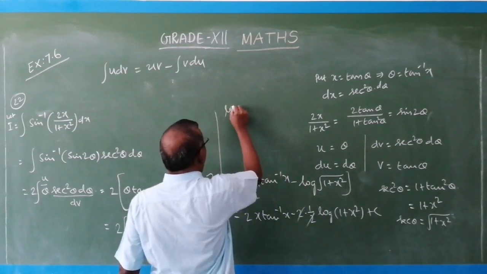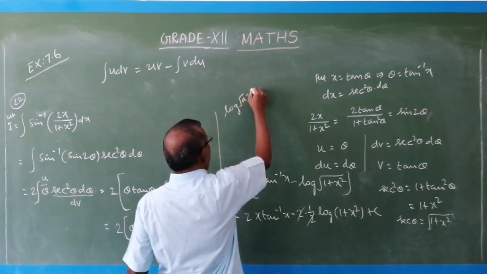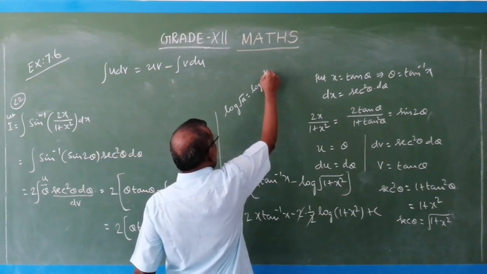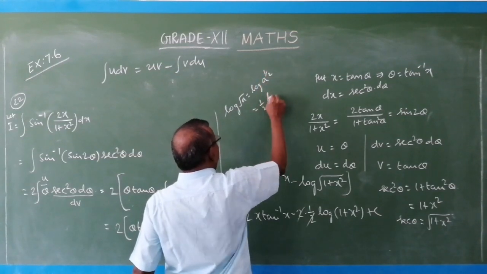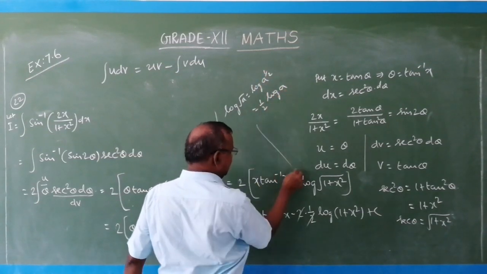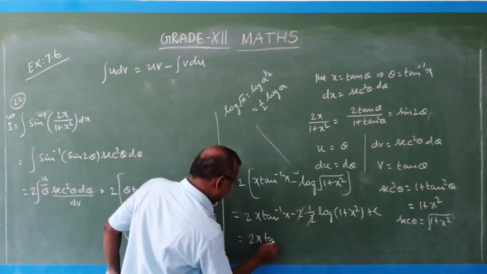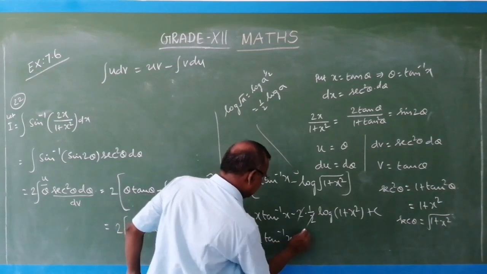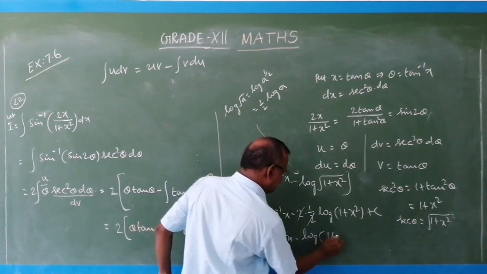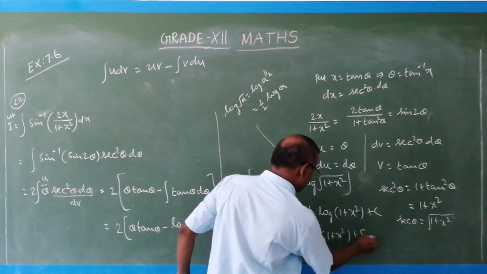Log root a means log a power 1 by 2, which is equal to 1 by 2 into log a. Accordingly, I have written like this. So, this is 2x tan inverse of x minus log of 1 plus x square.